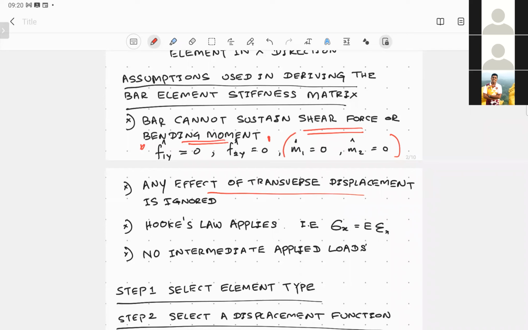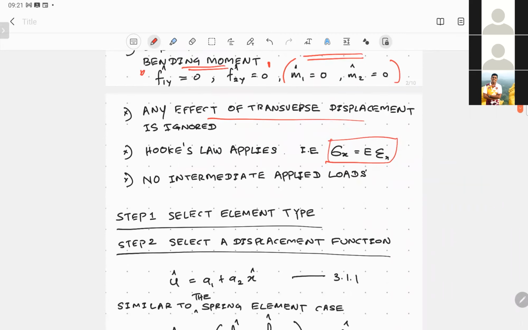And of course, we are considering a linear elastic spring element. So Hooke's law is applicable. And the bar is only subjected to axial loads, or there are only axial loads applied. There are no distributed loads applied.